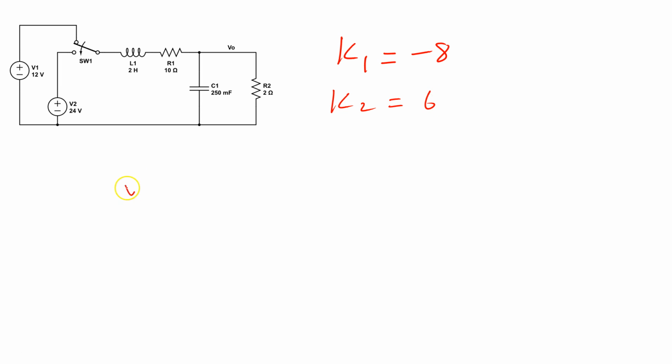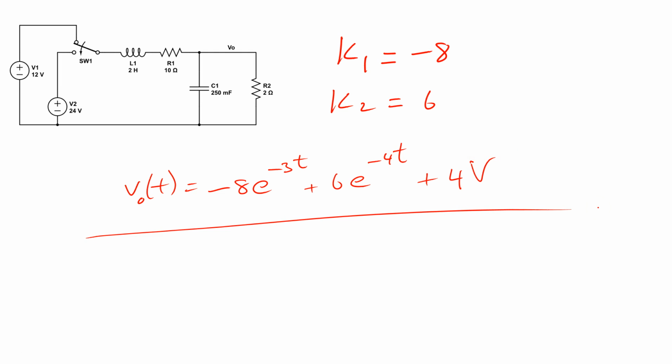And that gives me V0(t) is equal to minus 8 e to the minus 3t plus 6 e to the minus 4t plus 4 volts. Now let's check and see what we get for the different conditions in our circuit.